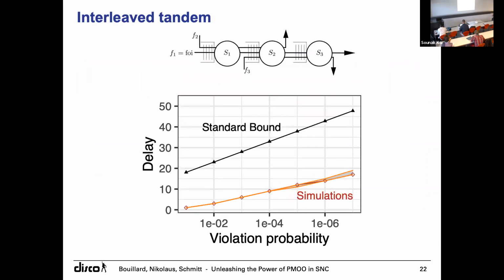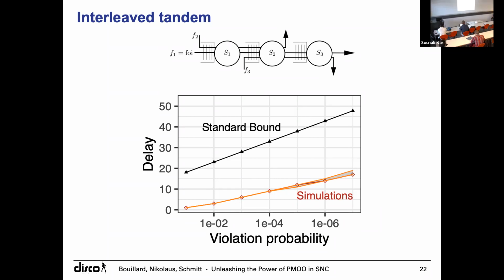So let us now have a look at the impact on the accuracy of the bounds. Coming back to the interleaved tandem, for the state of the art, as we have to consider method pertinent dependencies, we observe a substantial gap between the calculated bounds and the quantiles of the delay simulation.